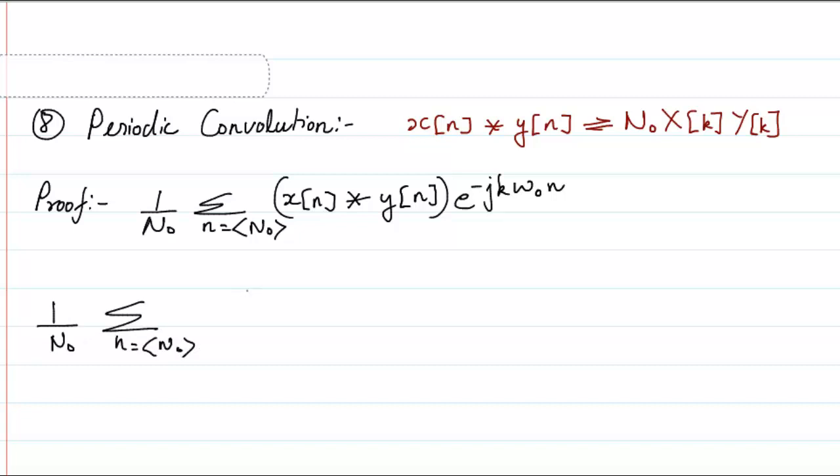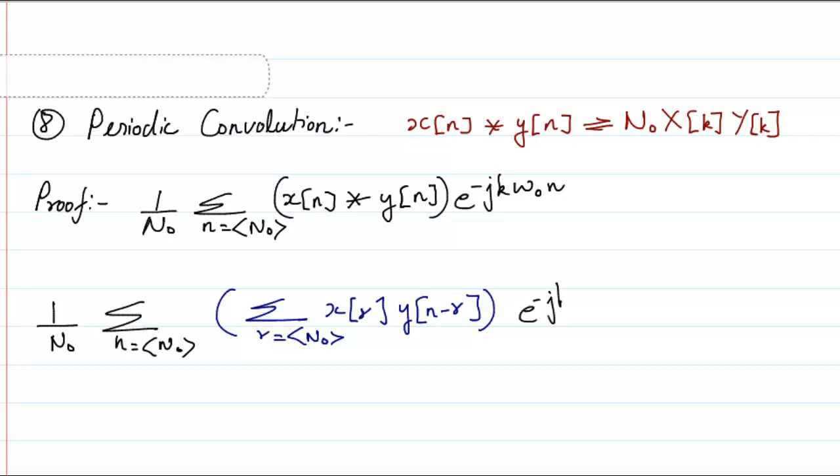Now the convolution value I will write using a different color, and I will use the variable r. So since this is periodic convolution, it will be for a period of n naught, x of r y of n minus r. This is the equation of convolution, multiplied with e raised to power minus j k omega naught n.